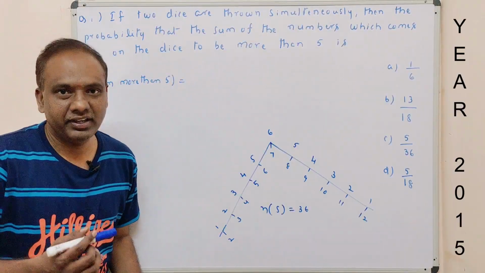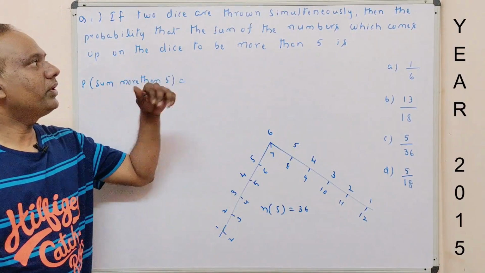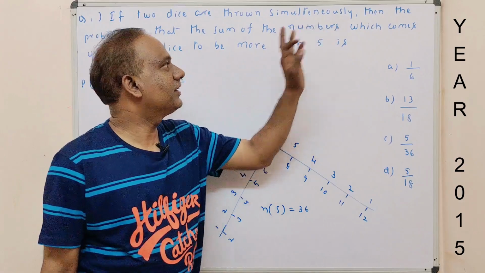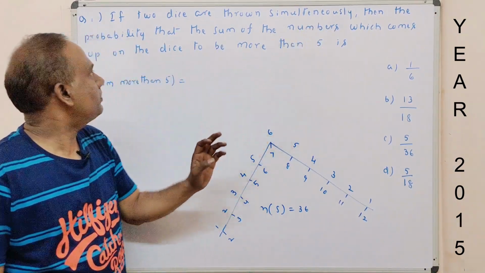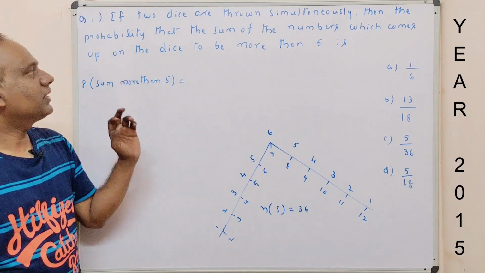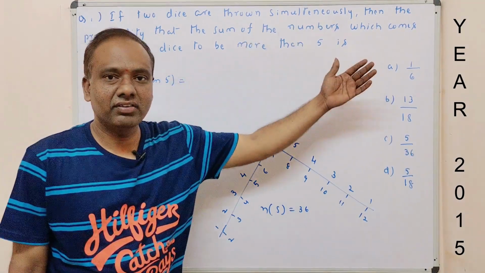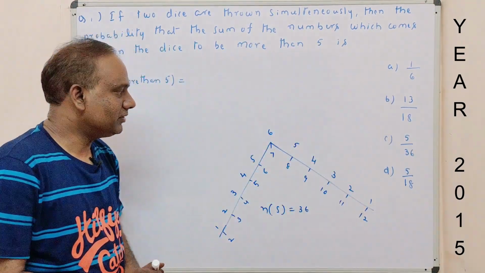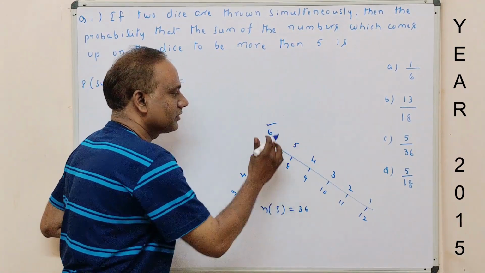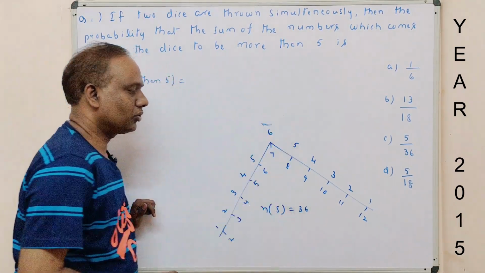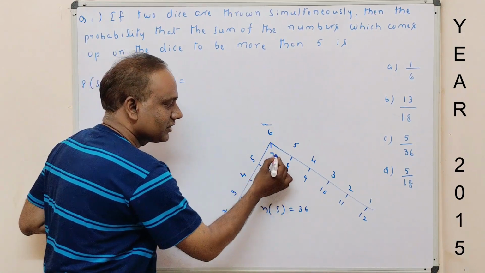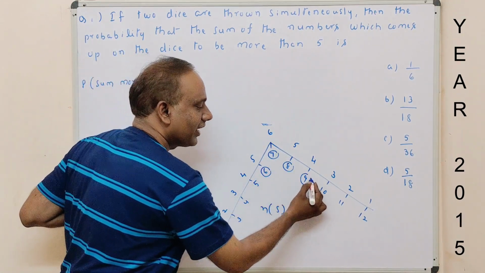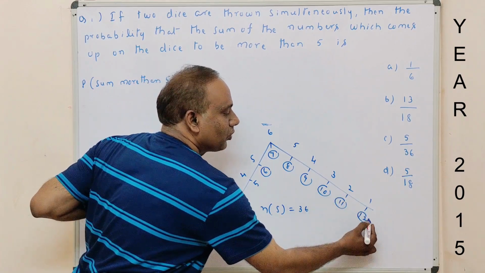Now here the question is, if two dice are thrown simultaneously, then the probability that the sum of the numbers which comes up on the dice is more than 5. More than 5 means 6, 7, 8, 9, 10, 11, 12.